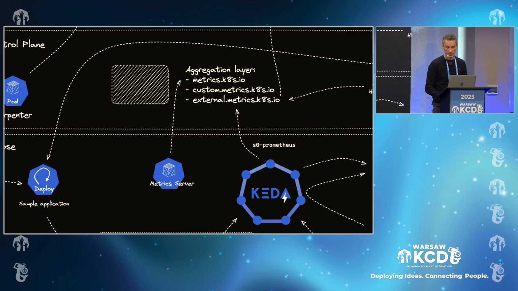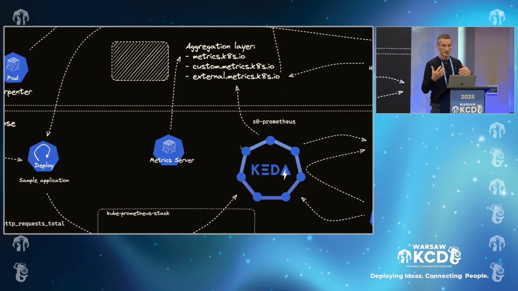And in this case, we are using KEDA, so KEDA is proxying the external metric server and serving our metrics. Therefore, in my configuration, I am telling KEDA also to look at which metrics, where they are, with the trigger. So for every scaler that I want to configure, I tell KEDA which metrics to look at and how to expose them in here. From there, it will be the HPA controller that is running within the control plane to look at them, look at the configuration of my HPA resource, make a comparison, and see if the metrics are too high.